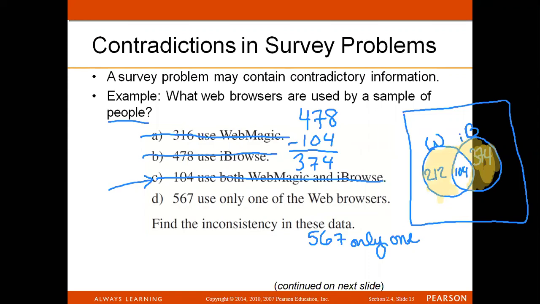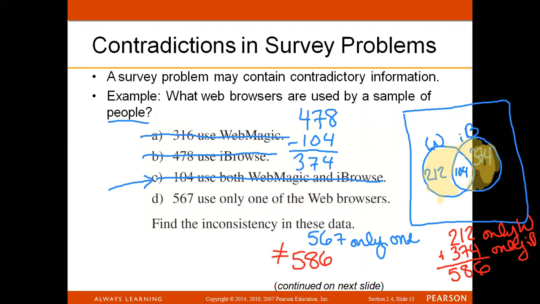So what we have from our Venn diagram work is that 212 used only W, only the WebMagic, plus 374 used only the Eyebrows, which is 586. 586 is not 567.